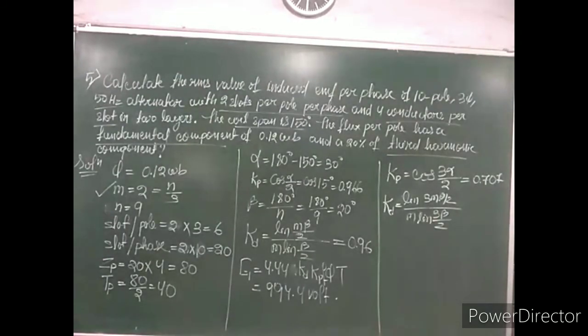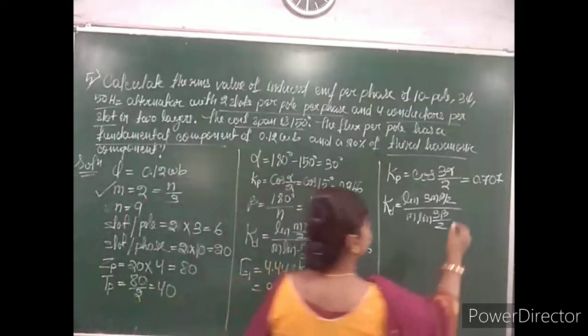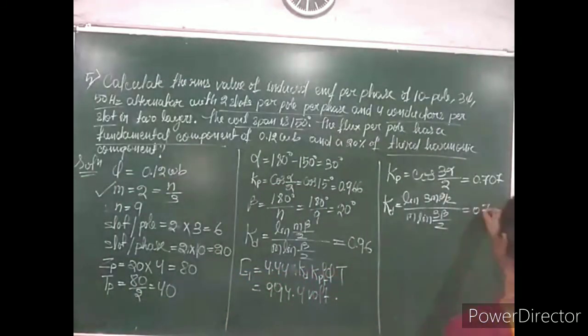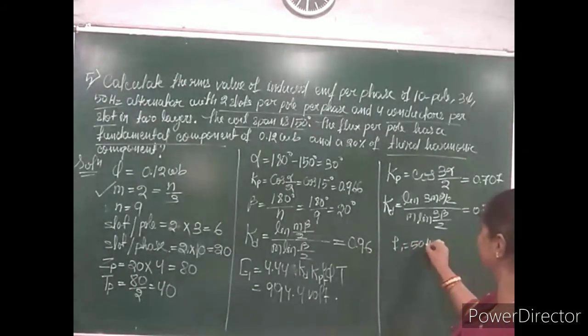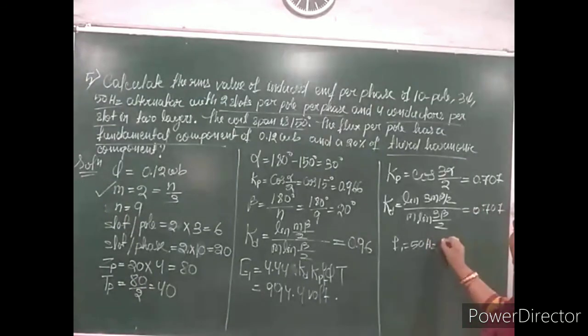After putting the value of m and beta, you get 0.707. Our fundamental frequency is 50 Hz, and third harmonic frequency is 3 times 50 Hz, that is 150 Hz.